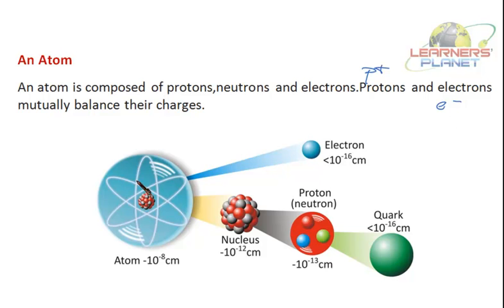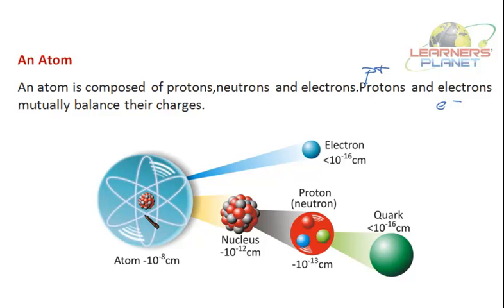In a general picture of an atom, there is a nucleus at the center and the electrons. It is proposed that the electrons are orbiting round the nucleus in an elliptical manner. Now this was proposed by Rutherford.